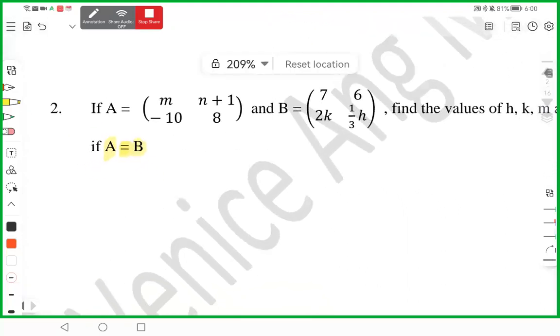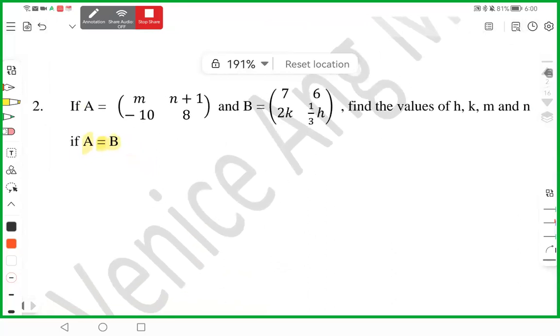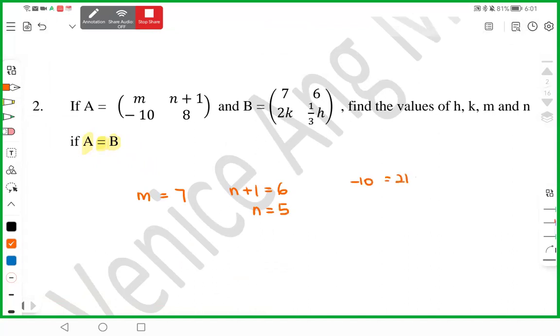If you look at the elements, there are a total of 4 elements in matrix A and also 4 elements in matrix B. So simple. M equals 7. N plus 1 equals 6, so N equals 5. Then negative 10 equals 2k, so k equals negative 5.